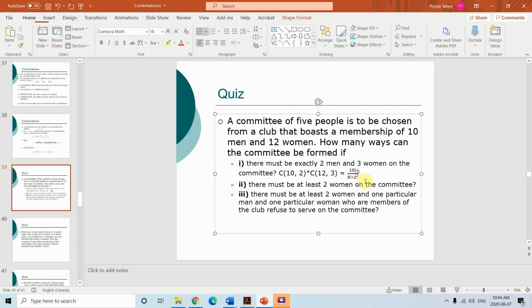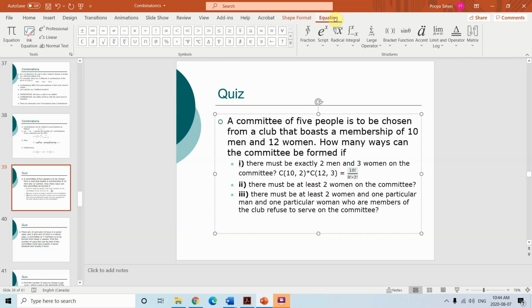Okay, and for the number of women that we have to select, again it's going to be 12 factorial divided by n minus k factorial, which is 9 factorial, times k factorial, which is 3 factorial.